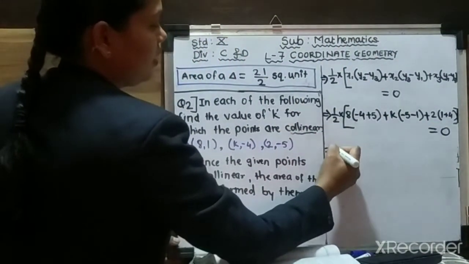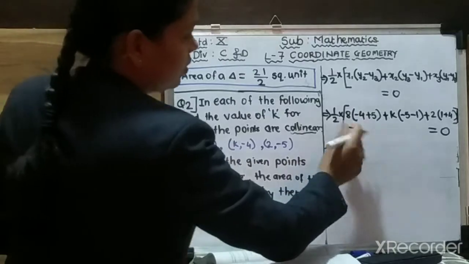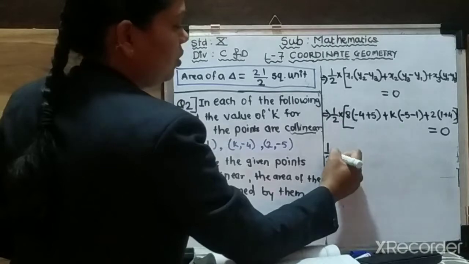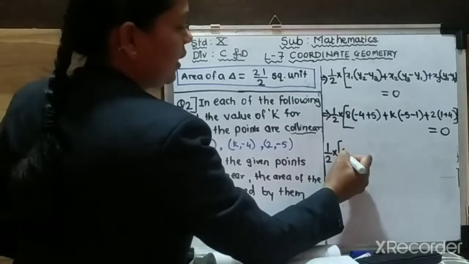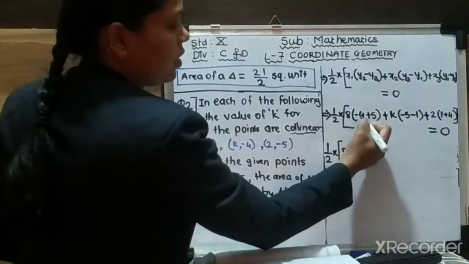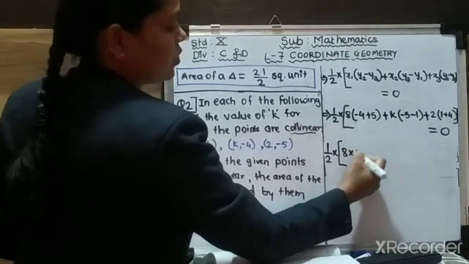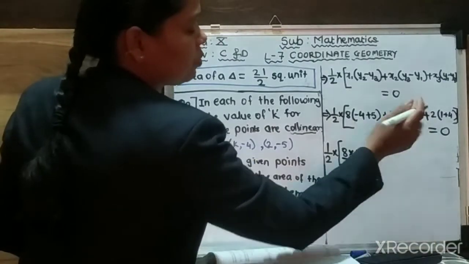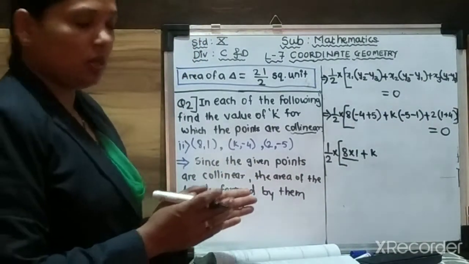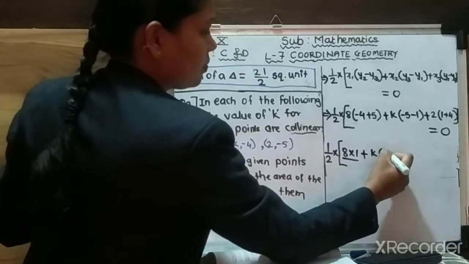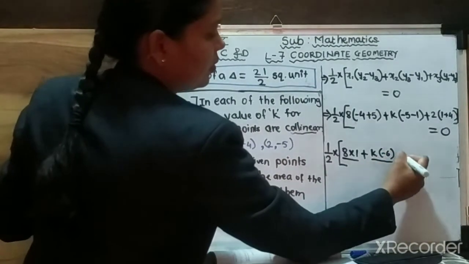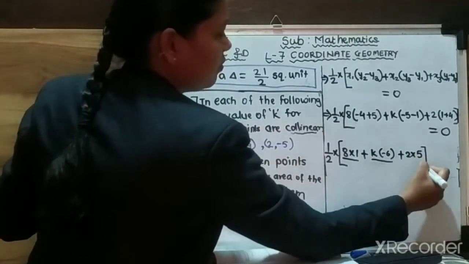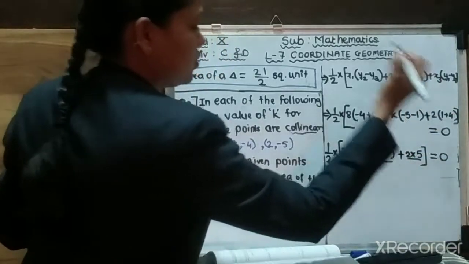So let us solve it. I'll simply write here 1 upon 2 multiplied by, inside a bracket, let us open this bracket first, minus 4 plus 5 is plus 1, we'll put underline, then plus k into minus 5 minus 1, we'll do addition, so addition is minus 6, underline, then plus 2 into 4 plus 1 is 5, underline, equals to 0.